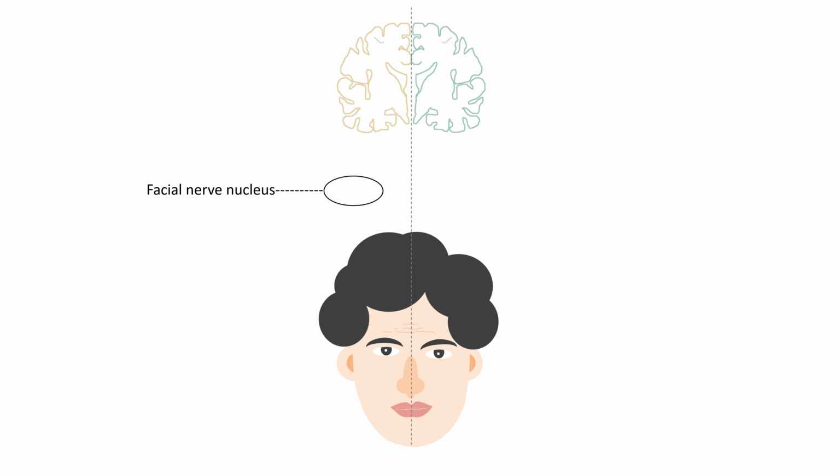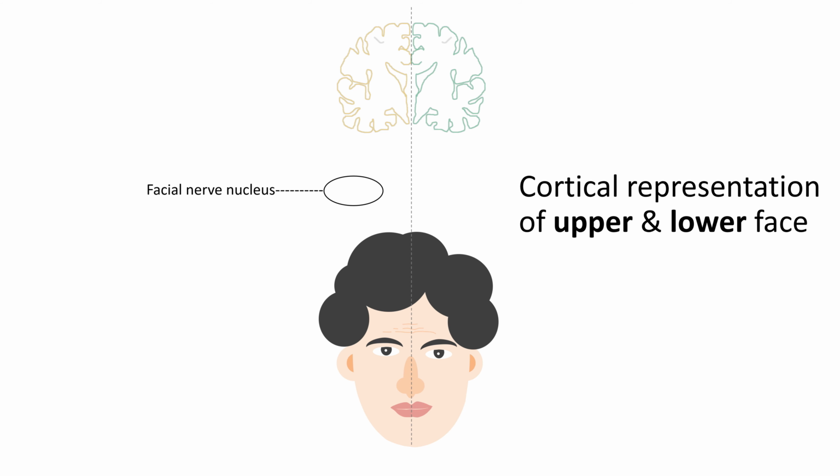Another important basic understanding is about cortical representation of upper and lower face, that is, the control of upper and lower face. In this illustration, we will consider right half of the face for this. Consider upper face first.